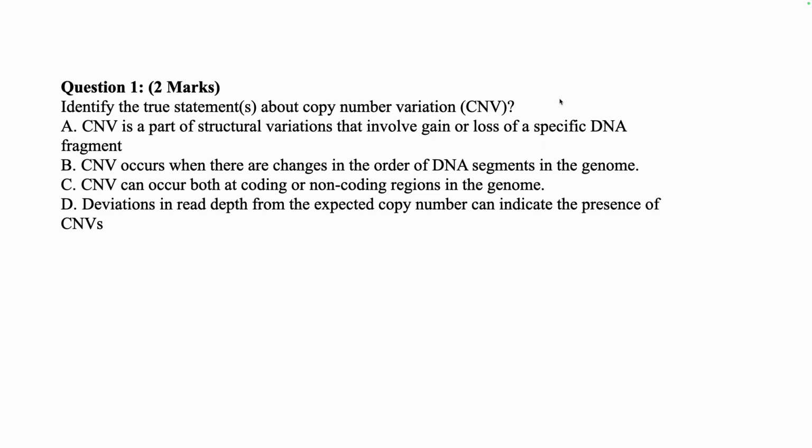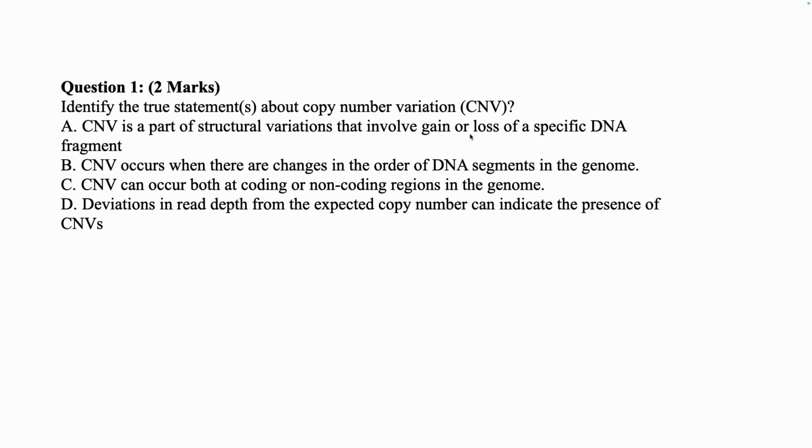Due to this gain or loss, we tend to have a change in the copy number of our gene. If there is a loss, then there is less gene or no gene at the specific site, or if there is a gain or a duplication of a particular gene, then we have a higher copy number of a gene.